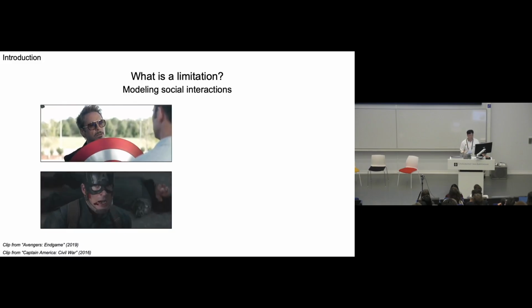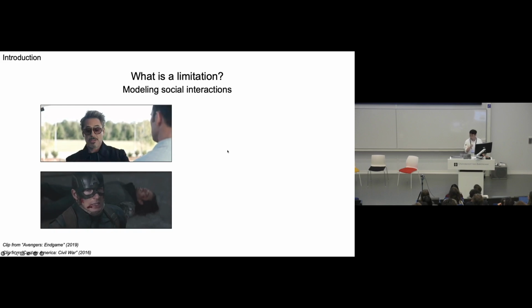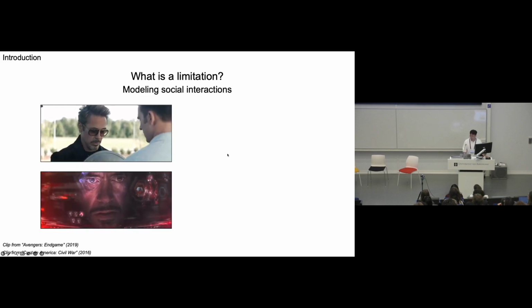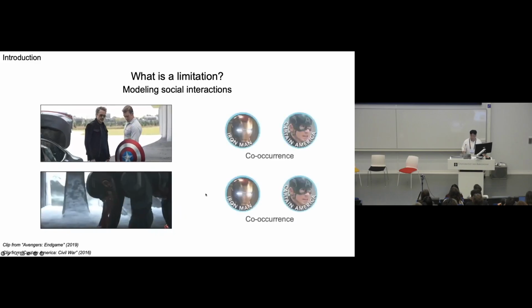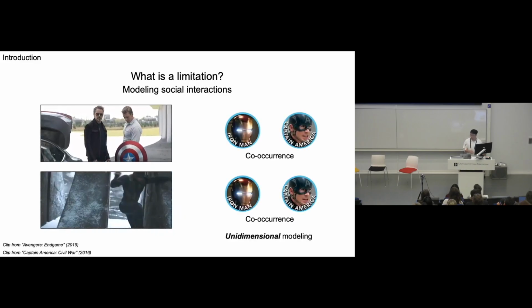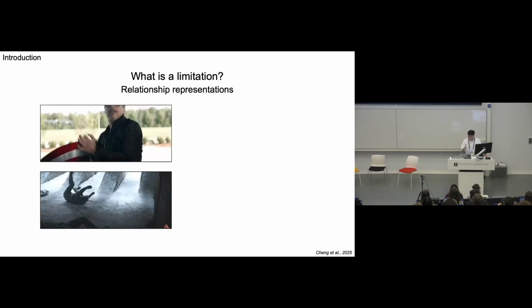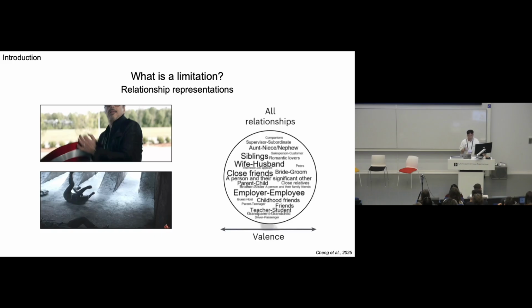For example, the upper scenes show their friendships, while the bottom scene shows their rivalries. Yet in modeling social interactions, previous studies treated all interactions equally, even those with clearly different emotional tone. Furthermore, in reality, social relationships are multidimensional, and their dominant axis is valence. That's why we incorporate valence information when modeling social interactions.